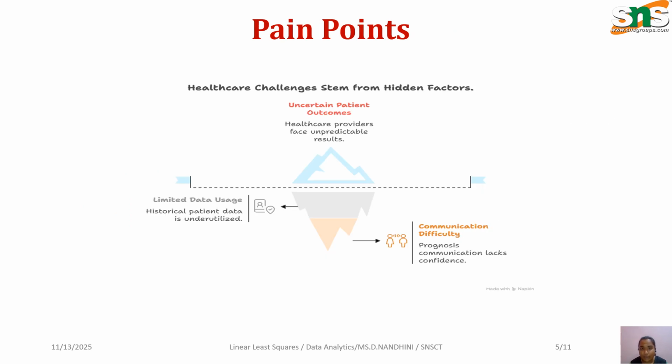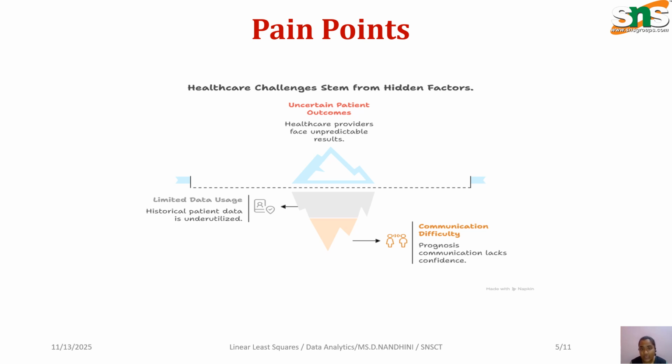Next one is pain points. In this healthcare stream, there are many hidden facts. To overcome that, she is saying the first one is how to communicate these difficulties. Next, limited data usage and uncertain patient outcomes.